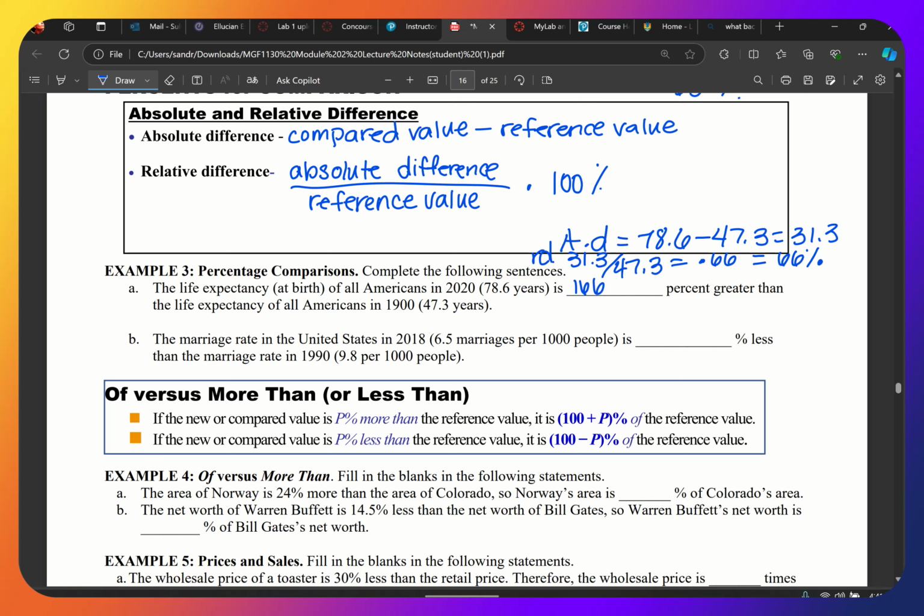What is 100%? Another 47.3. Yeah, it's close. 47.3 plus. For the less than, it would be 100 minus the percentage. So whatever you got here for your percentage, you do 100 minus that percent.